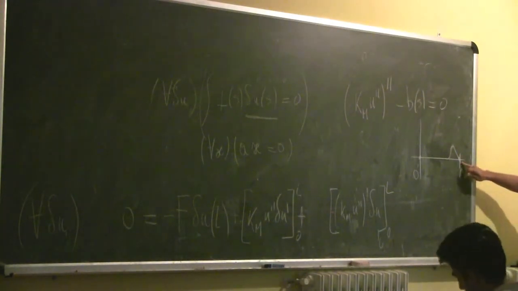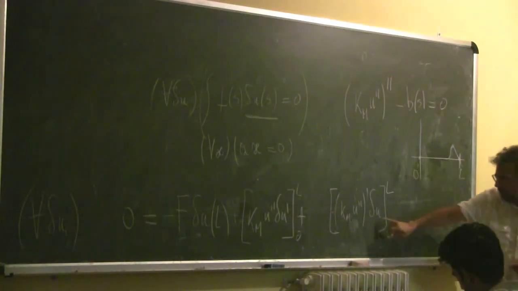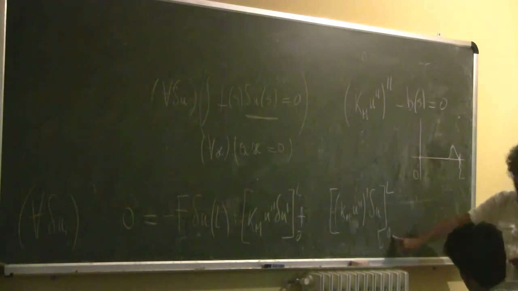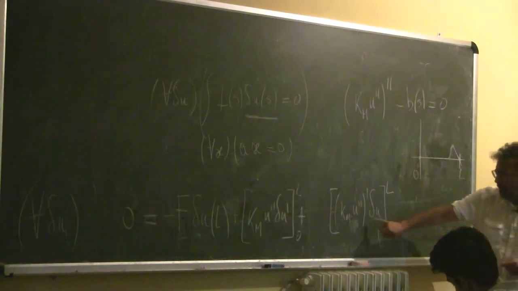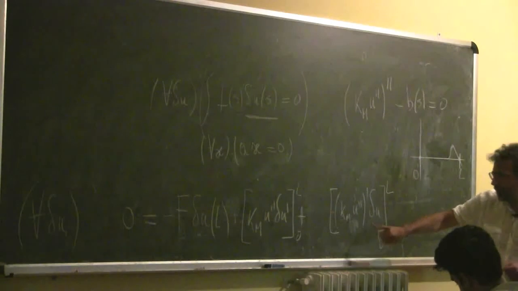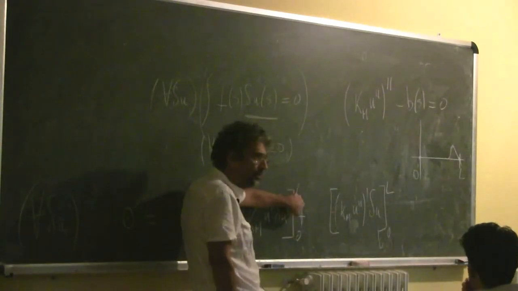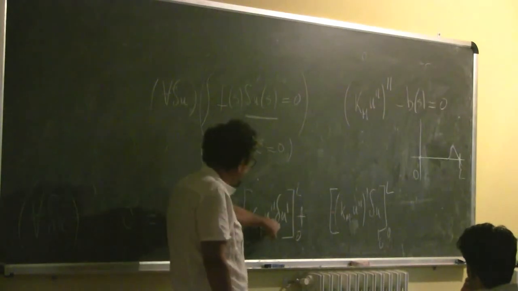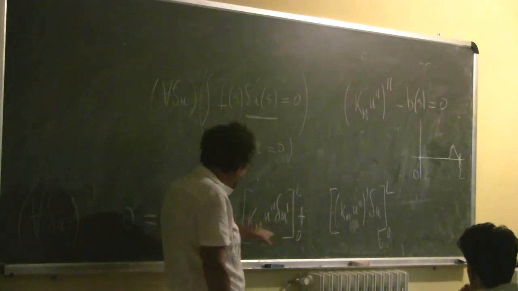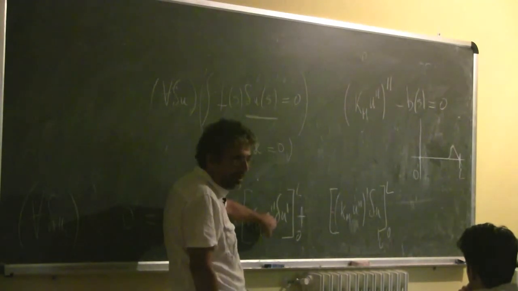If delta u L is 0 and delta u 0 is 0, this is not there, delta u prime L is different from 0, and I get Km u second in L equal 0.